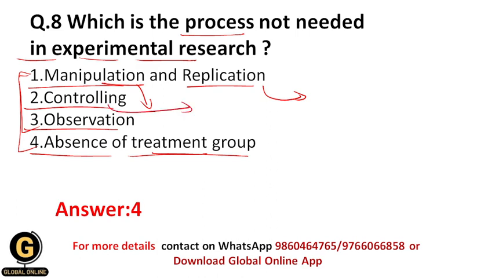Controlling means that you are going to be having a control on all the aspects of the variables, apart from the variable which is under study. Then observation means you are going to observe the variables, you are going to observe the measurements, everything. So all of these processes are important in the experimental research, and that's why the correct answer is 4.